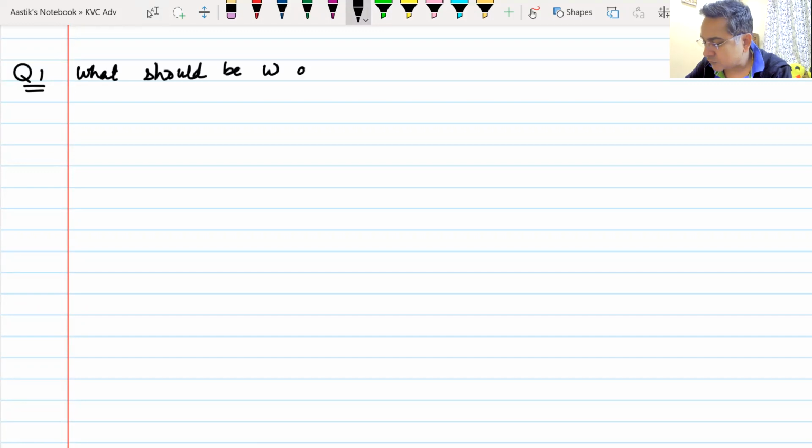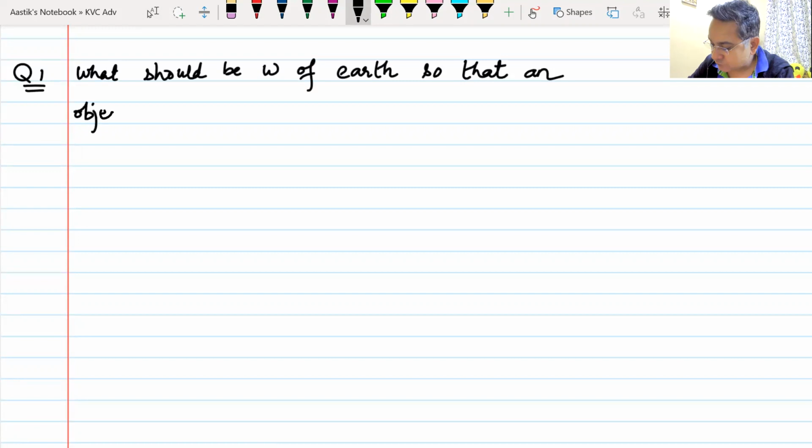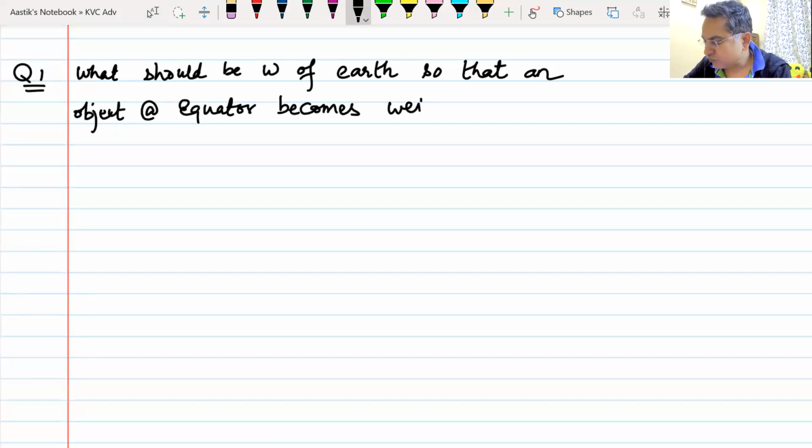So now the question goes like this: what should be the omega of Earth so that an object at the equator becomes weightless?